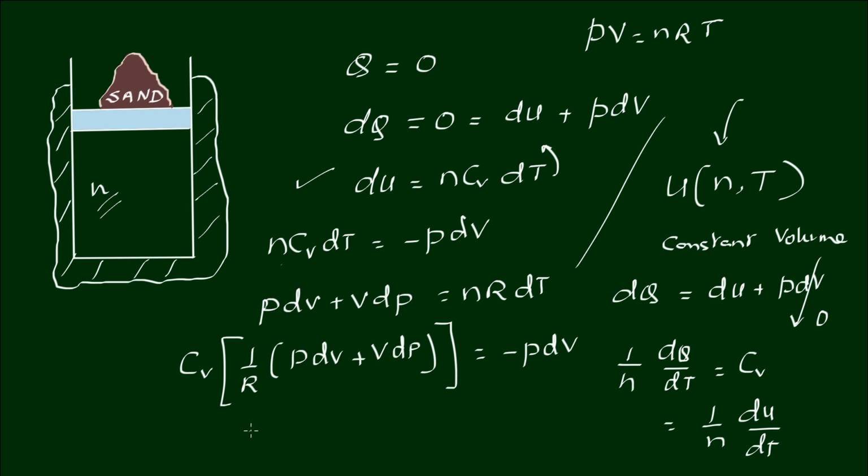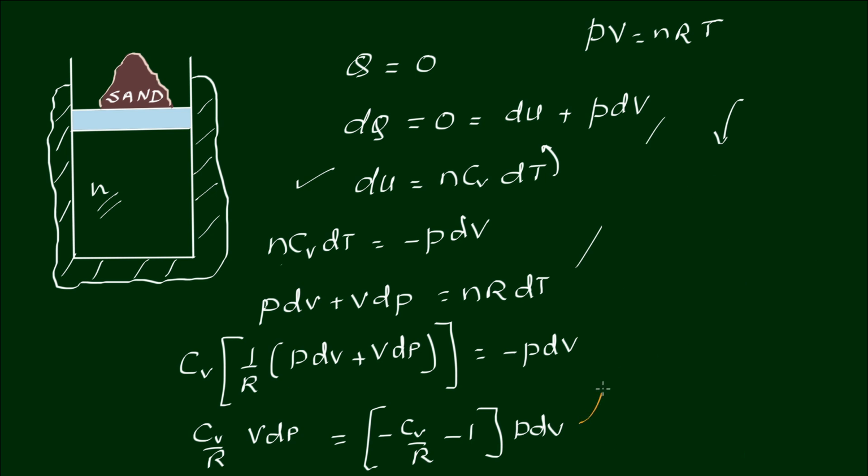So we have V dP multiplied by Cv by R on the left side is equal to minus Cv by R times P dV goes that side, and there's already a minus P dV there. So minus 1 times P dV. Now check this out. I take the minus sign outside. What do I have? Cv plus R by R. But Cv plus R is Cp.